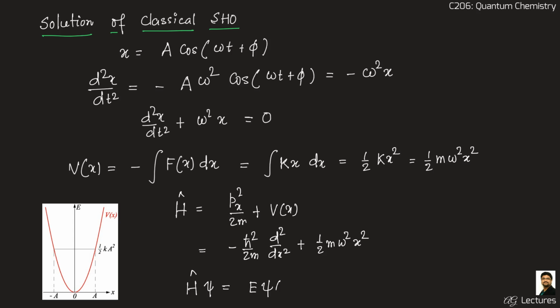Psi is a function of x here because this is the space part only. So this is the time independent Schrodinger equation, and we have to solve the Schrodinger equation as the next step.